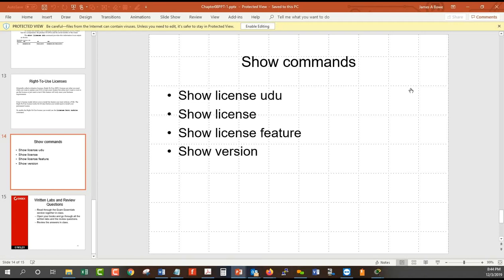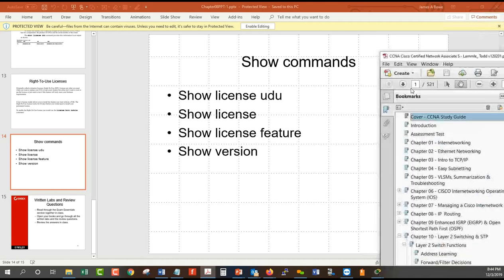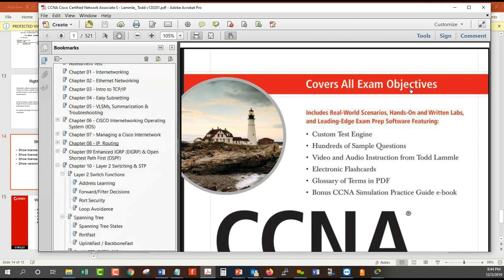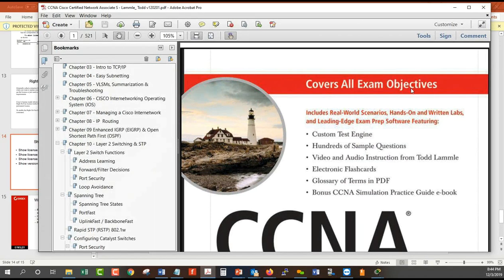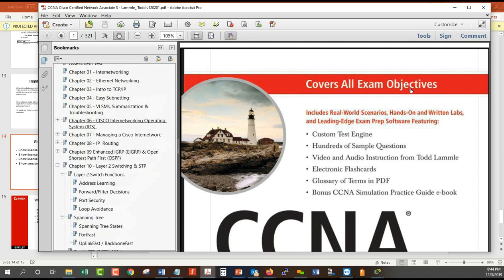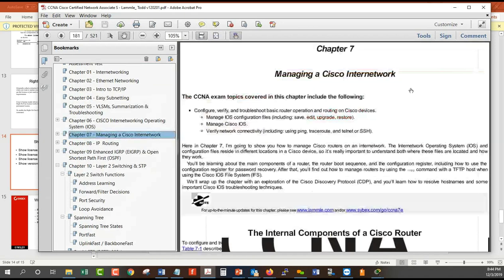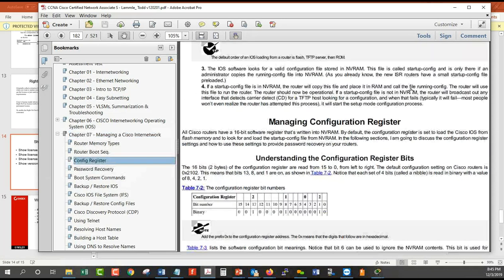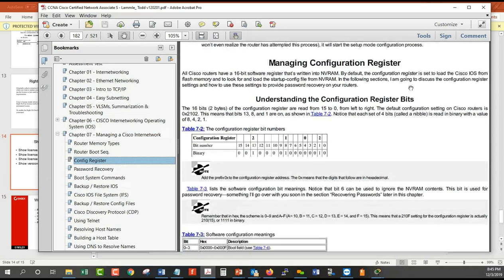Okay, here it is. Managing the config register.